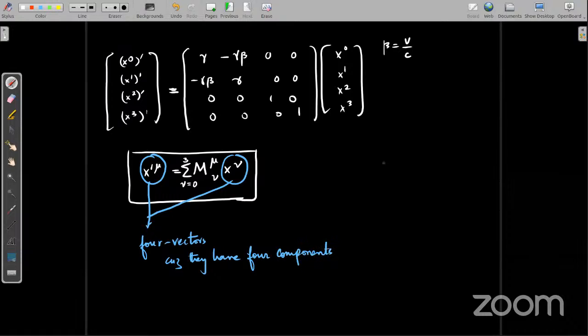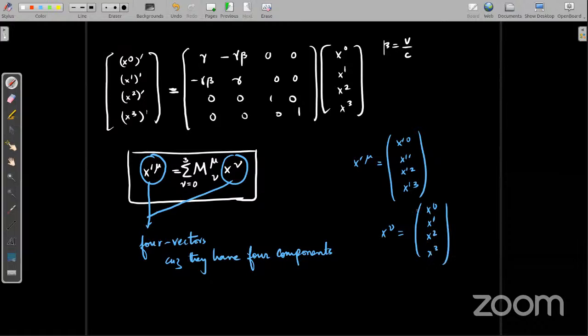If I was to write it in component form, I would write X prime mu as a column vector: X prime 0, X prime 1, X prime 2, and X prime 3. Similarly, X nu is X0, X1, X2, and X3. There's no prime here, so I won't write the prime. And my M mu nu is just a matrix.